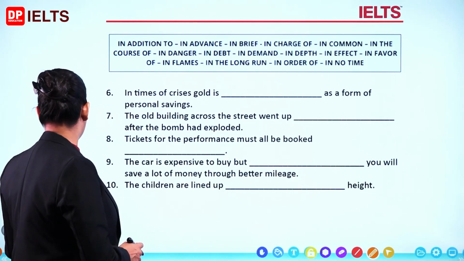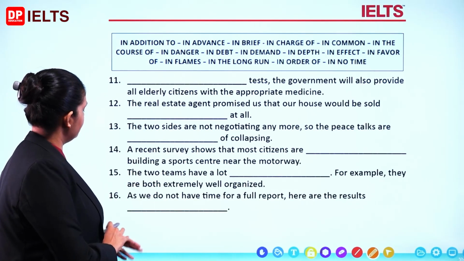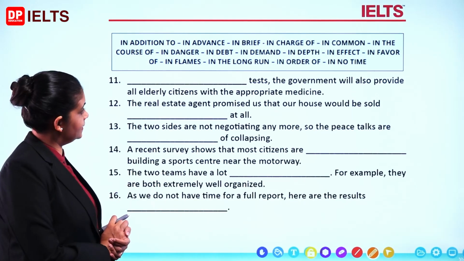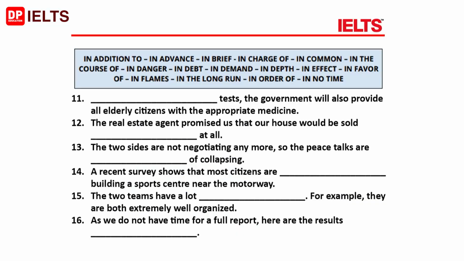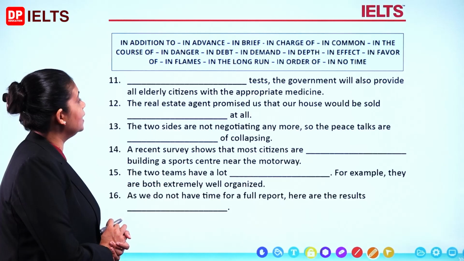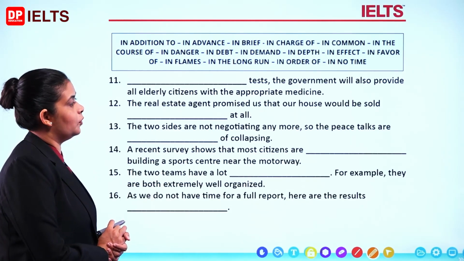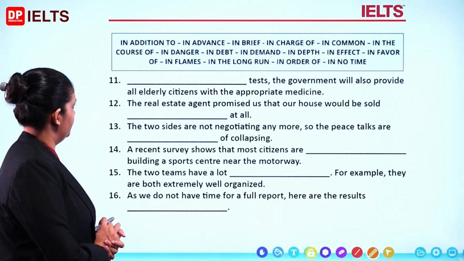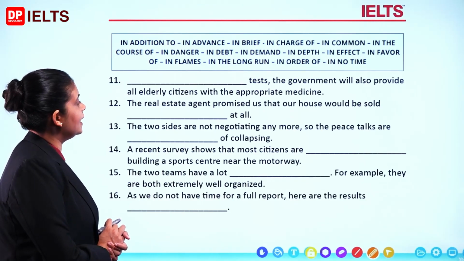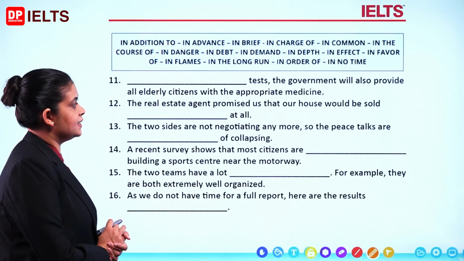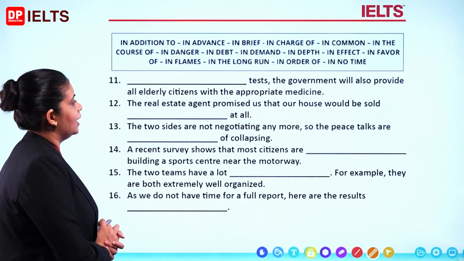Alright, so hopefully you finished it. Let's have a look at the next few sentences. The government will also provide all elderly citizens with the appropriate medicine. The real estate agent promised us that our house would be sold at all.